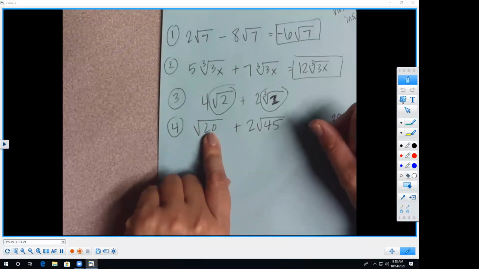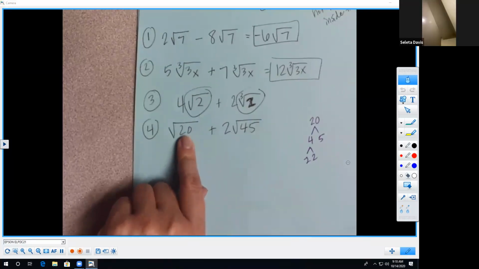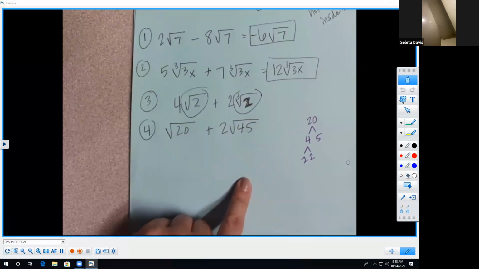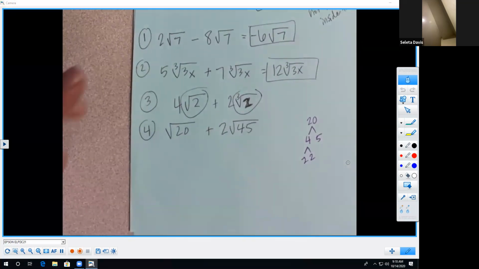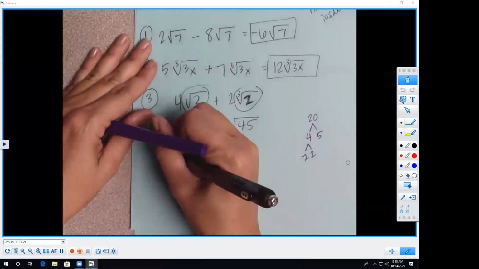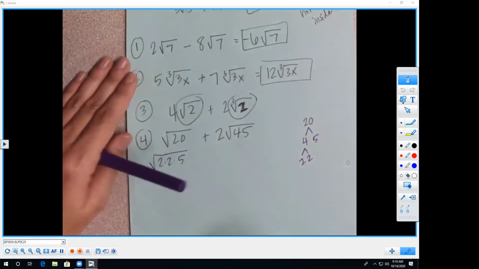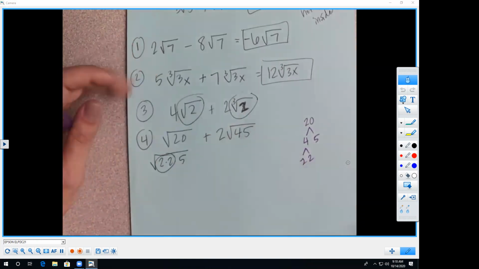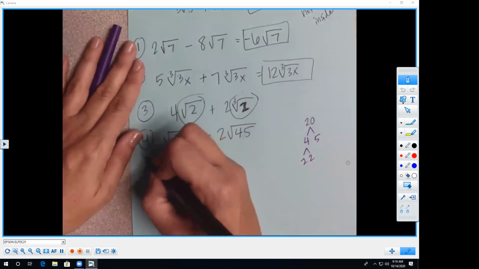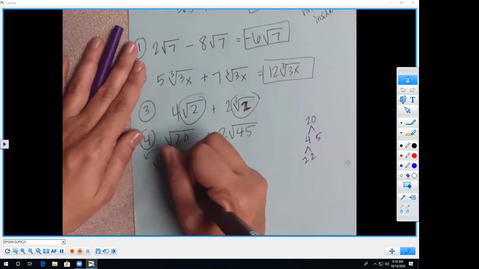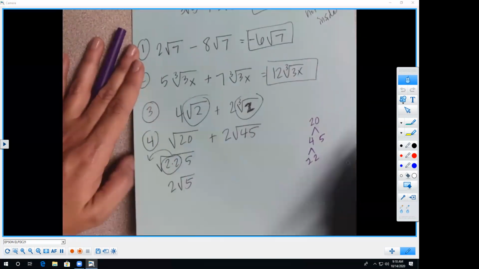And that 4 is 2 times 2. So the square root of 20 is 2 times 2 times 5. I can bring out a pair of 2's here, and so it's 2 times the square root of 5.